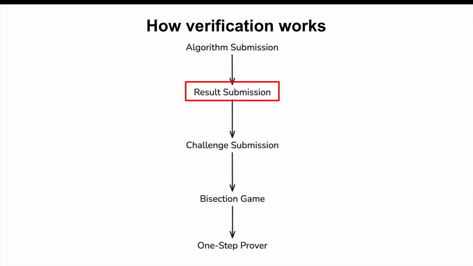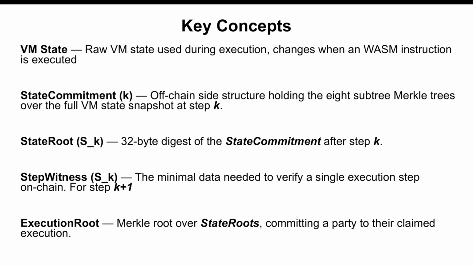It was pretty straightforward. The second part is the result submission. But before we get into the result submission, I have to explain a couple of key concepts I'm going to use in the next slides. So VM state is basically the raw virtual machine state of the WebAssembly execution.